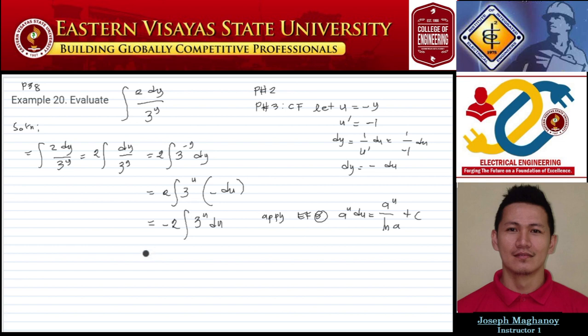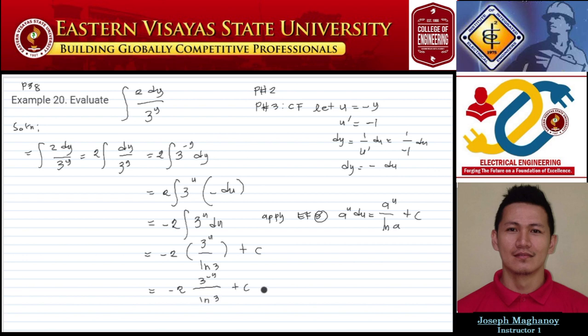Okay, apply your formula. Negative 2 quantity 3 raised to u over ln of 3 plus c. So we recall the value of our u now. Negative 2, 3 raised to negative y over ln of 3 plus c.